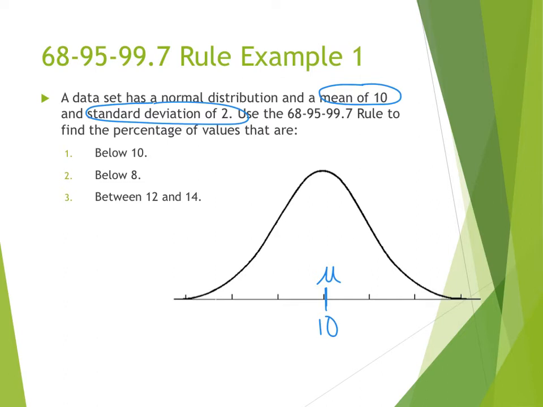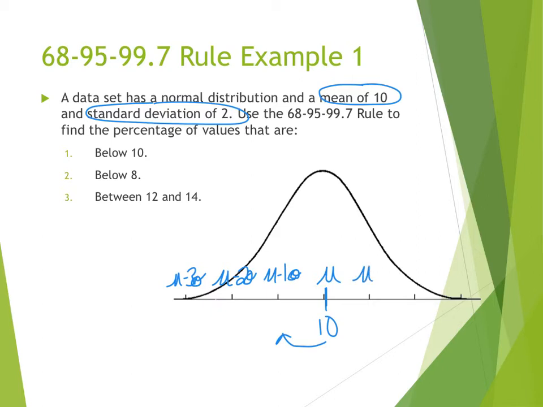Now every time you step down, when I go 1 standard deviation below, all you have to do is mu minus 1 standard deviation. And then if you go down again, that's going to be mu minus 2 standard deviations, mu minus 3 standard deviations. When we are going above the mean, we're going to add.